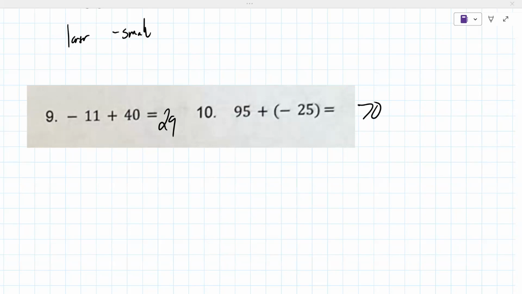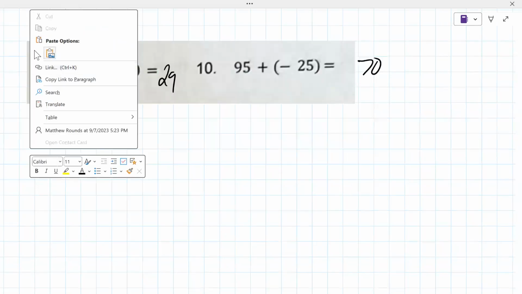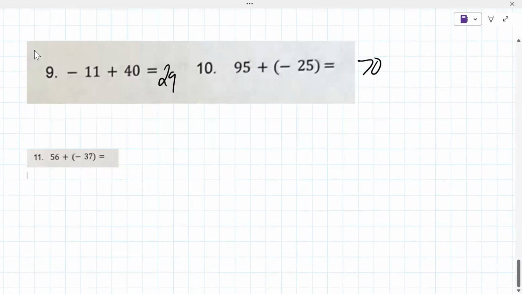So let's do 11 next. 12 we'll talk about. Yes, 19. All right. Now 12.